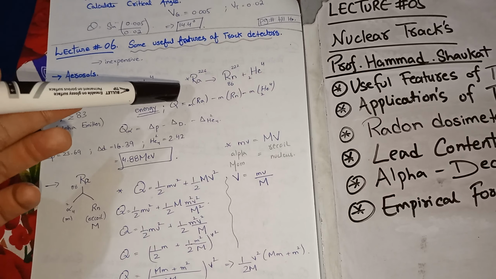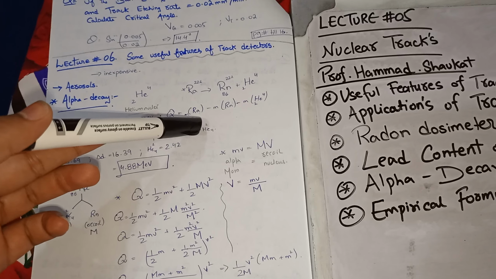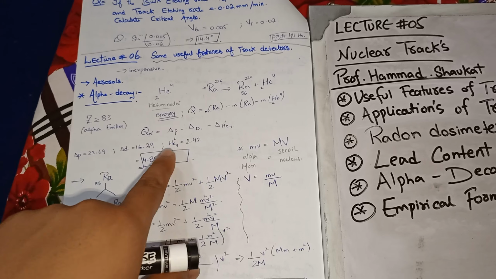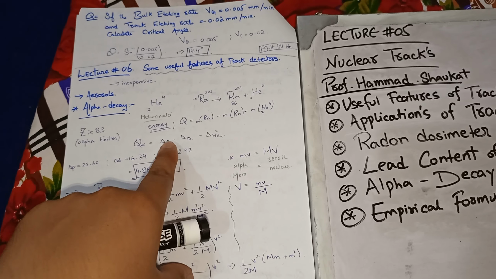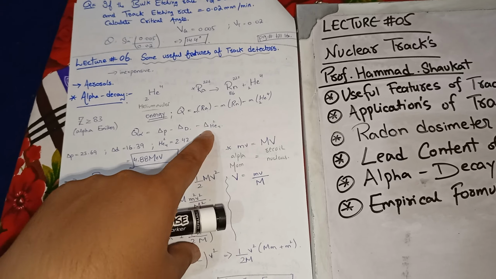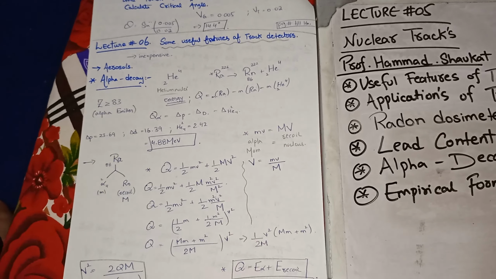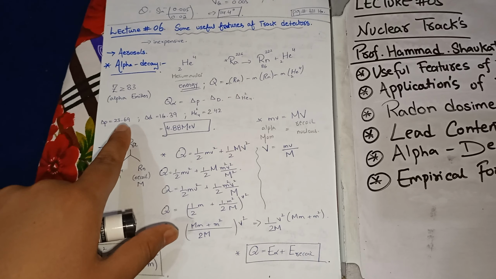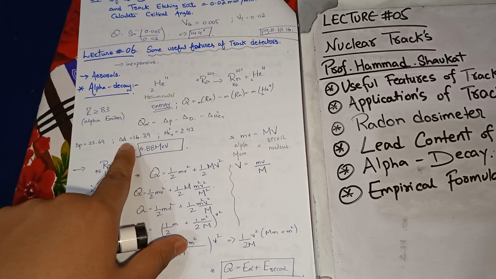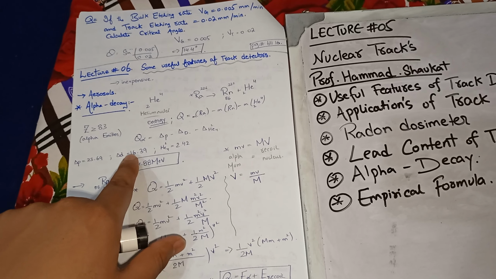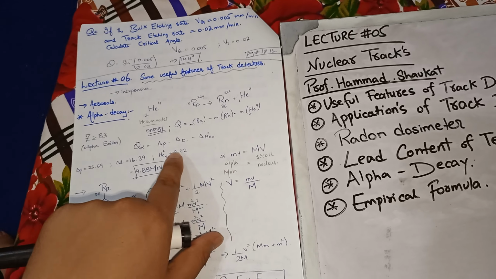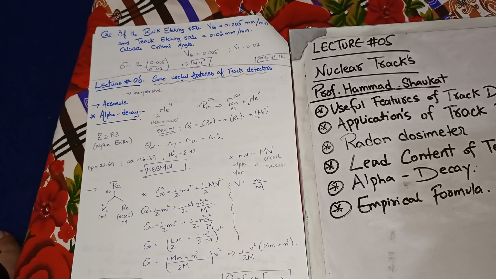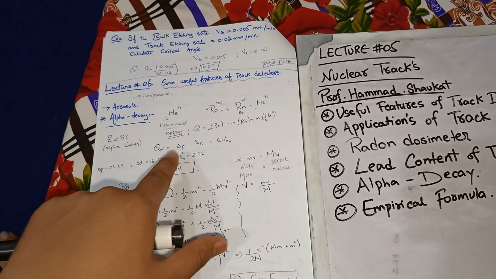So how can you find the energy? Simply subtract the masses: mass of radium minus mass of radon minus mass of the helium particle. You can also write mass of parent nucleus minus mass of daughter nucleus minus mass of the alpha particle. If the mass of the parent nucleus is given as 23.69, the daughter is 16.39, and the alpha particle is 4.24, then you can easily find the energy by this formula.